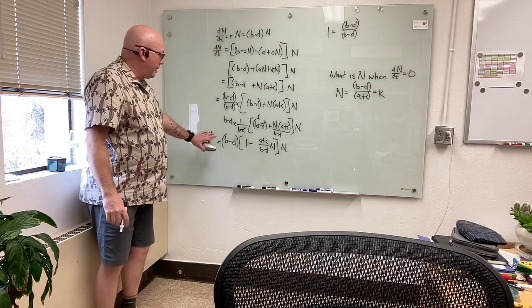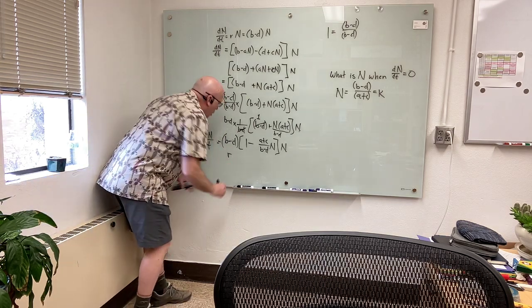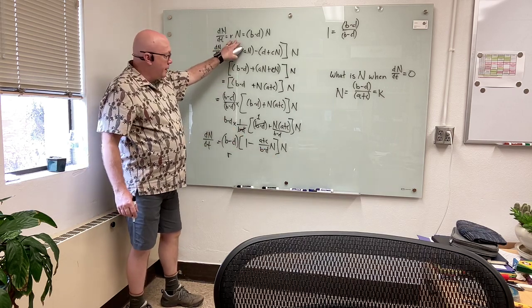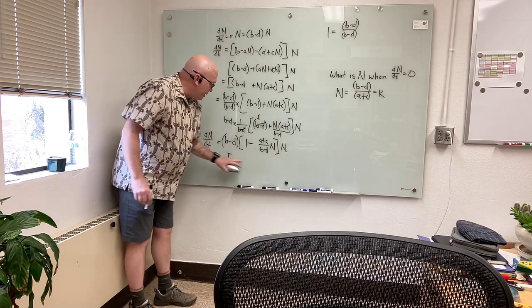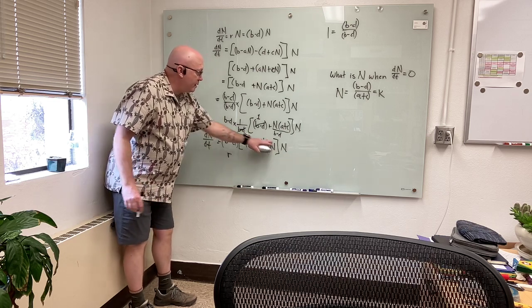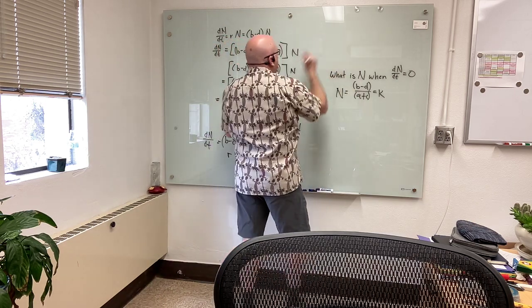We can simplify this a little bit because what is b minus d? B minus d is r. R times n is kind of what we started with at the beginning. So r times n is the density independent portion of this, and this represents the density dependent portion. So let's go up here and rewrite this.